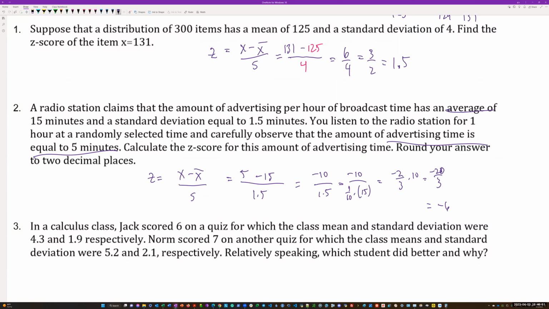This is going to give you -6.666666, whatever. So then this is over 6 standard deviations less than the average number. That's pretty far away from the average. Does that make sense?